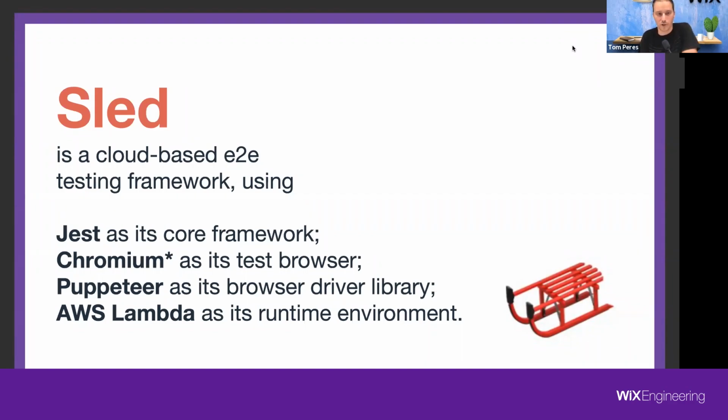And now we're going to talk about the technology. We're using 4 fundamental technologies or tools or whatever you want to call them. First of all, Jest. Jest is our core testing framework. Jest is open source, developed by Facebook. Very useful, very fast, even for local executions.